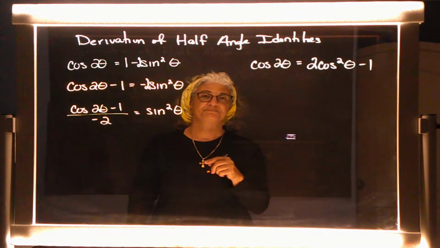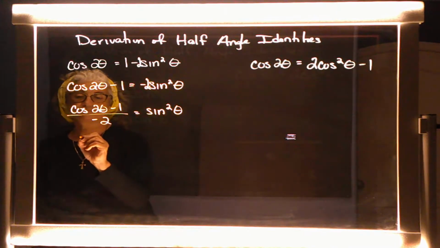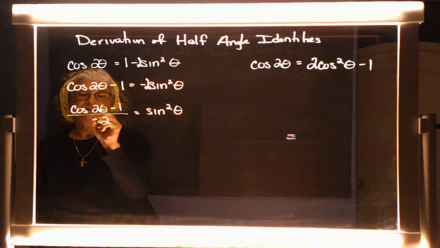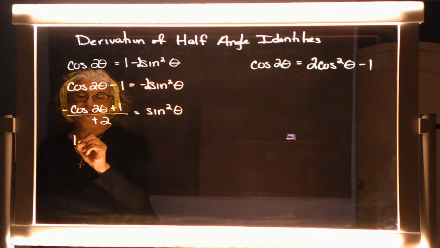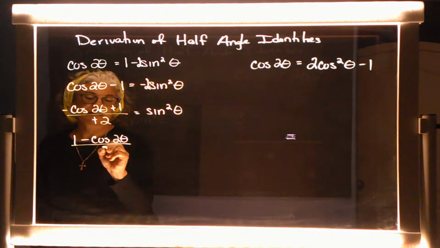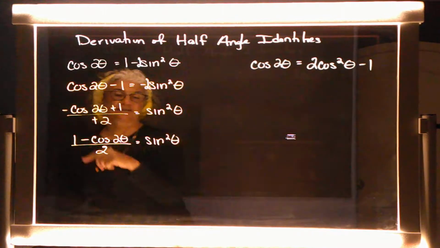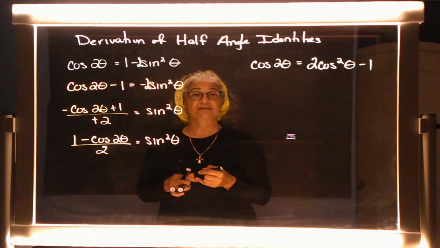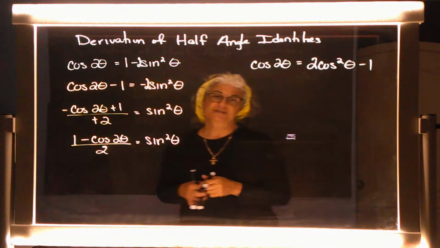Agreed? Okay, I'm not going to leave the negative in the denominator, so I am going to multiply top and bottom by the negative, which means these signs are going to end up changing in the numerator. And then I shall end up with the sine squared of theta equals this lovely little fraction. Good?